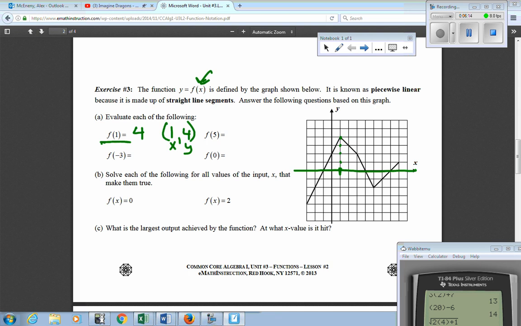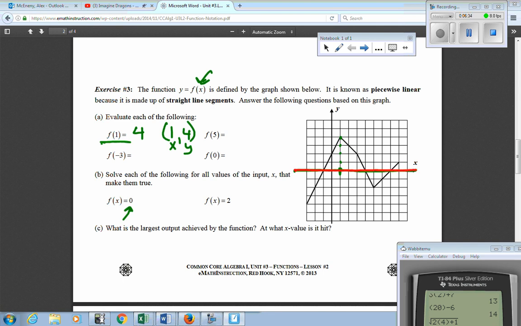Now, kind of opposite that, they're asking about the y value. When does y equal 0? So you would want to go along the y equals 0 line, which would be this line right here. We're looking for any point that has 0 as an answer.